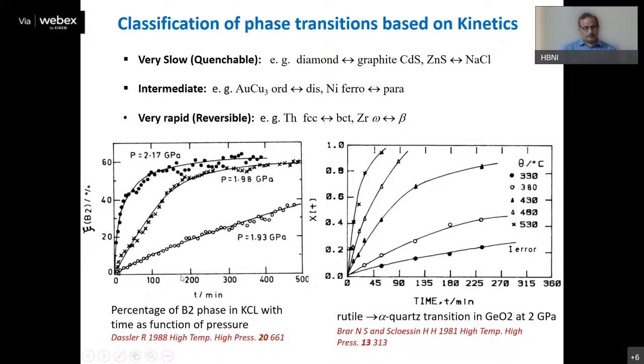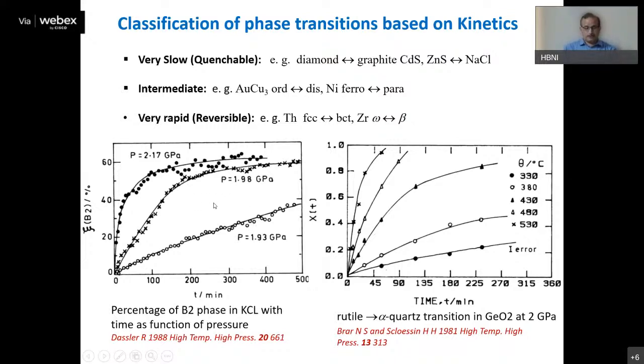B2 phase is cesium chloride kind of phase. And you can see as you increase pressure, the concentration of this B2 phase increases very rapidly. So this shows very fast kinetics at high pressure. So you can change the kinetics by applying pressure.